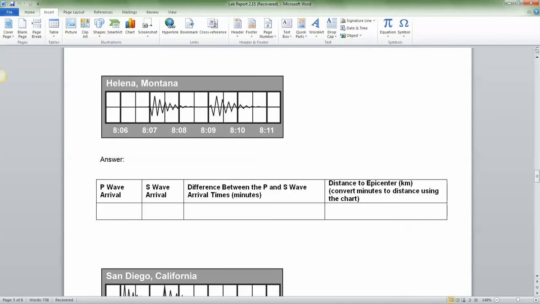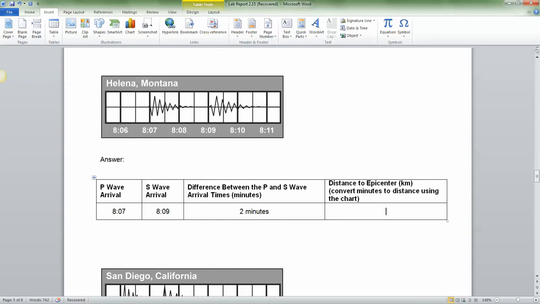The S wave arrived a little bit later at 8:09. You're going to fill in those times here on your lab report. And then for the difference between these two waves, you are going to type in 2 minutes.